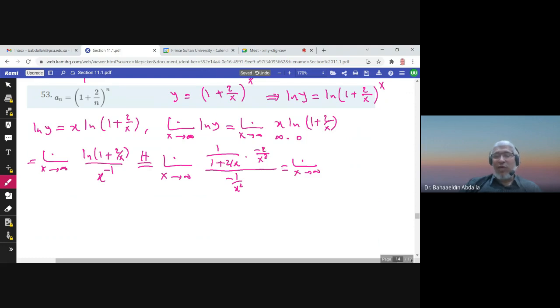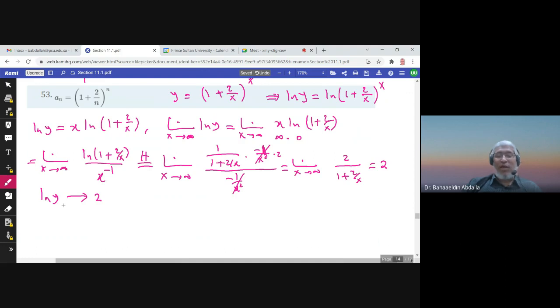If you want, you can write it as negative 1 over x squared times 2. To see that, I can cancel these two together, and I will have the limit of 2 times 1 over (1 + 2/x). Now if you replace x by infinity, 2 over infinity is 0, and the answer would be 2 over 1, which is 2. So ln y goes to 2.